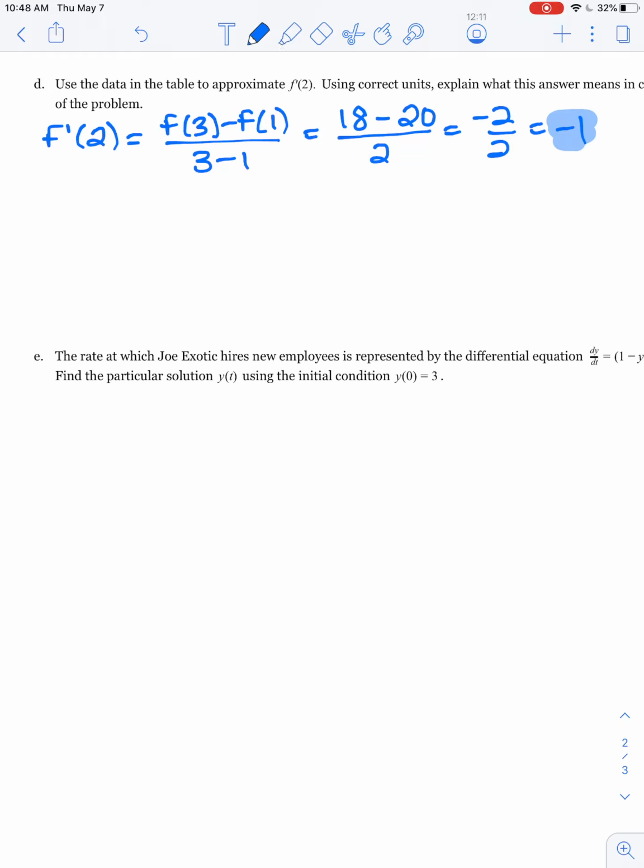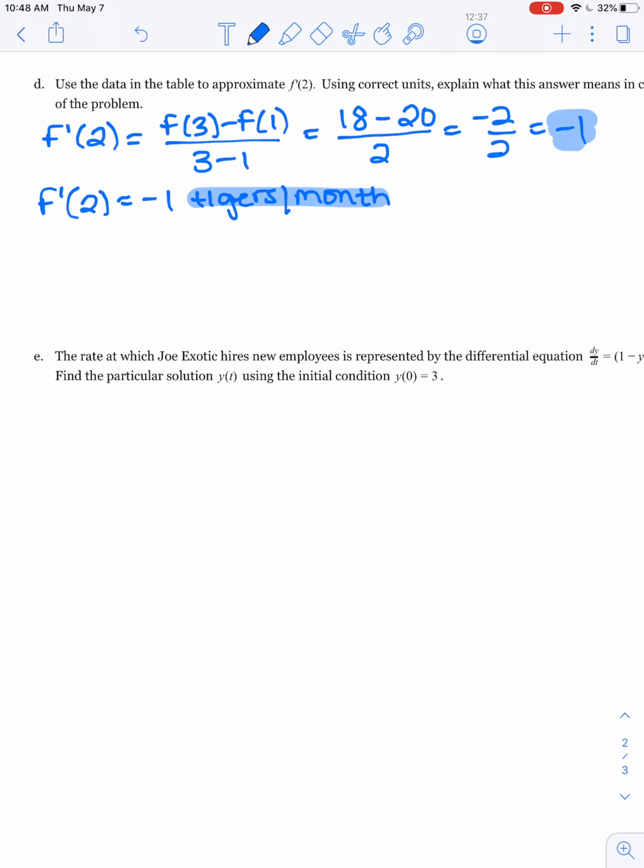The next point was utilizing units. So we say that f prime of 2 is equal to negative 1 tiger per month. Okay, so again, units was a second point. And your third point was the analysis of what this meant.